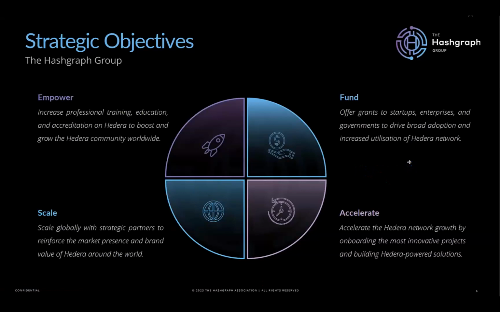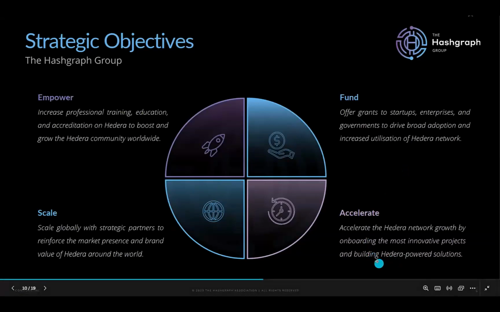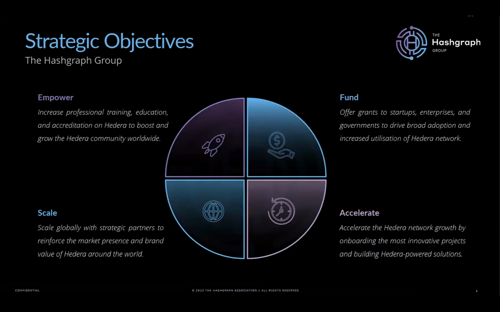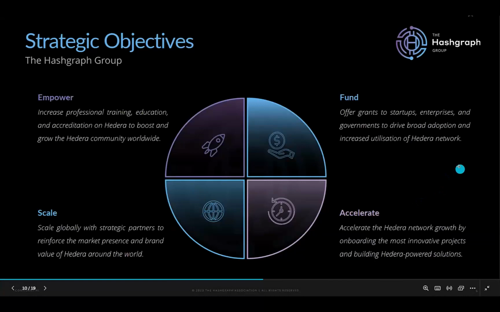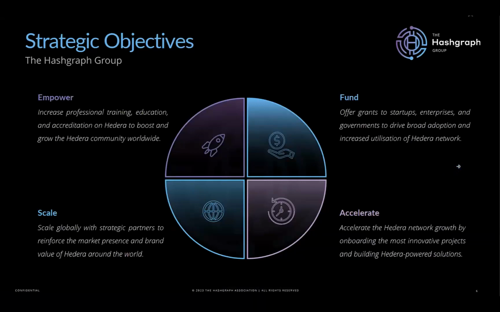That process also accelerates the growth of the Hedera ecosystem network of partners. And I think the last and most important part is our funding activities, which basically revolve around investing equity and creating joint ventures for projects and enterprises that are leveraging Hedera.